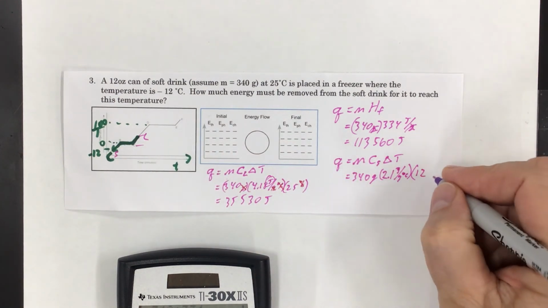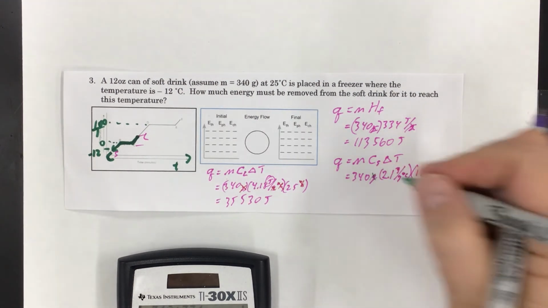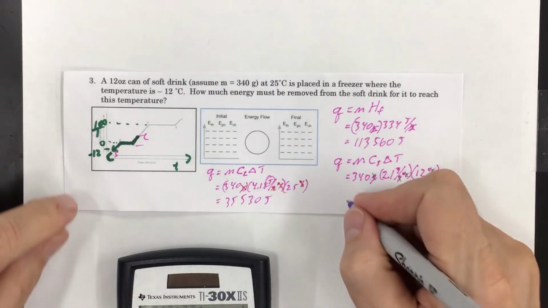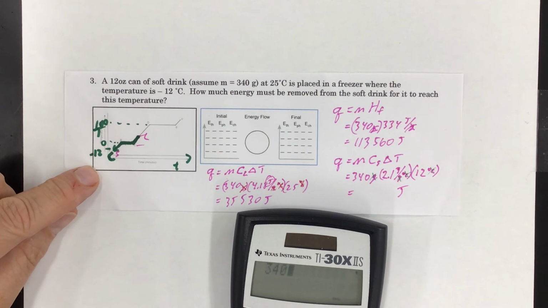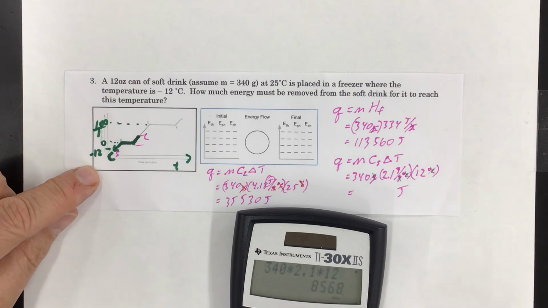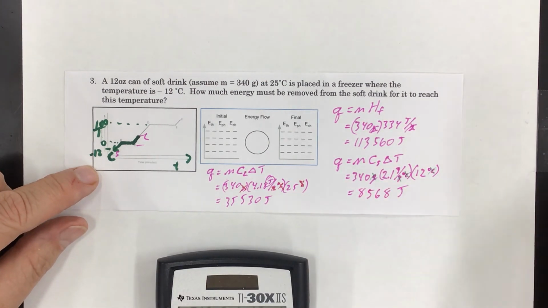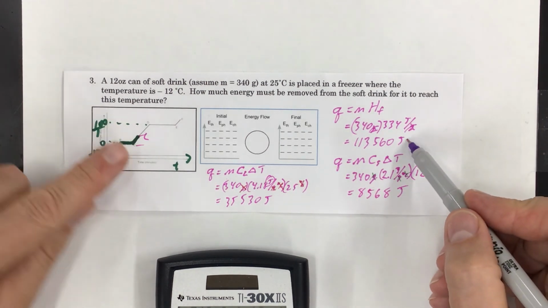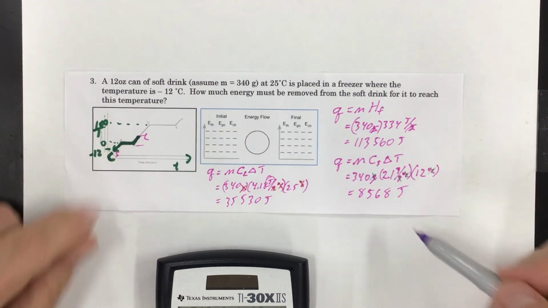So that is a 12 degrees Celsius temperature change. So grams cancel, degrees Celsius cancel, and you'll be left with an answer in joules. So that's 340 times 2.1 times 12. 8,568 joules. So it took this much to cool the liquid, this much released to turn it into a solid, and then this much to cool the solid.